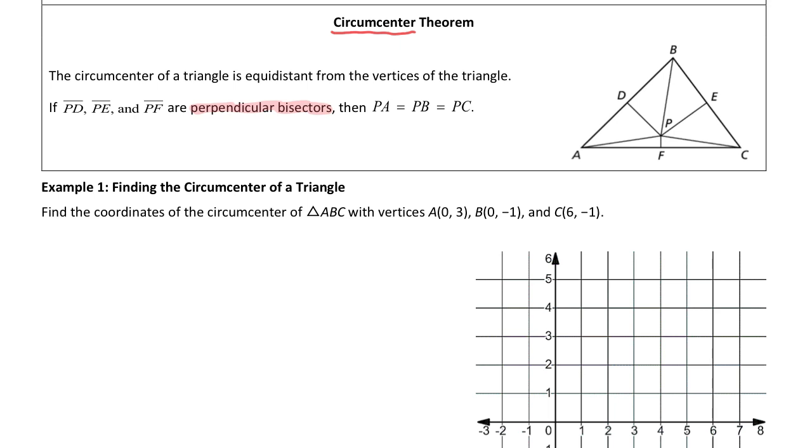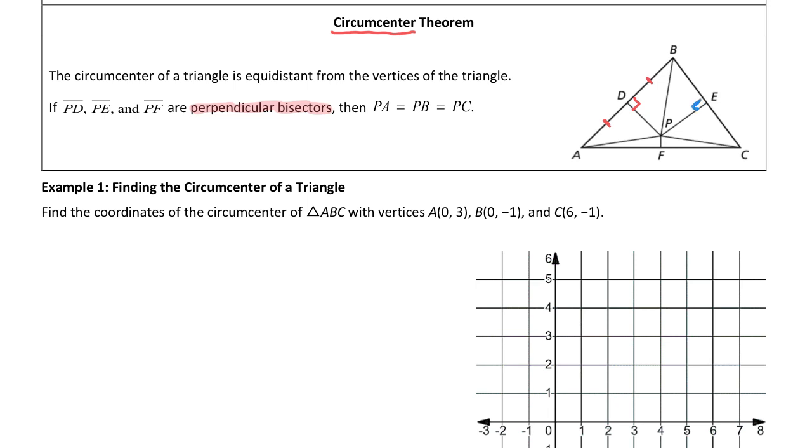The first perpendicular bisector of our triangle that we would look at, let's just say this one, PD. It's perpendicular, and it splits this side in half. Another perpendicular bisector, PE.